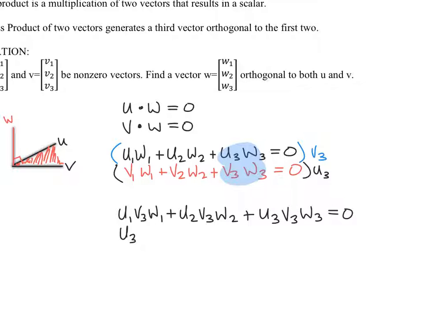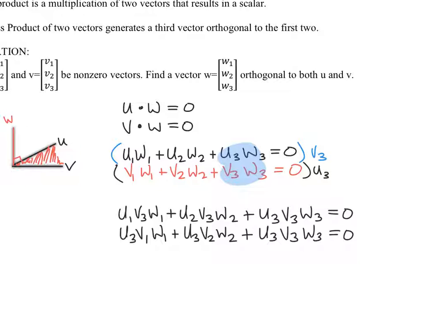Then U3, V1, W1, plus U3, V2, W2, plus U3, V3, W3 equals 0. All right. So we're in good shape.